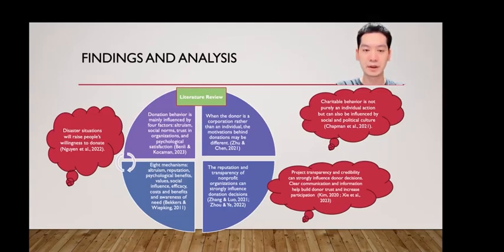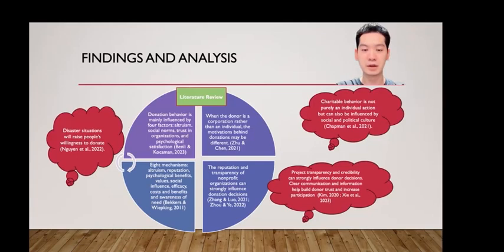As for the organizations themselves, that is also a big factor influencing donation decisions. Research also shows that the reputation and the transparency of nonprofit organizations can strongly influence donation decisions, which means donors are more willing to support organizations that have a good reputation and transparent systems.